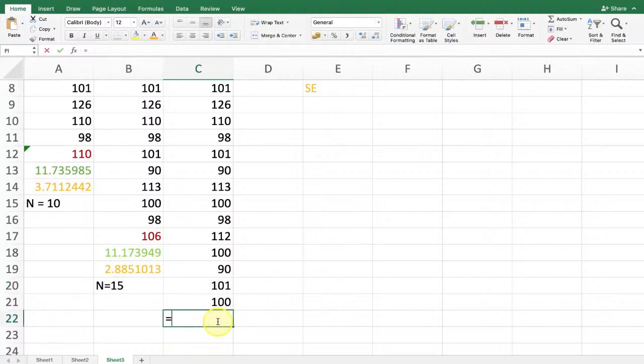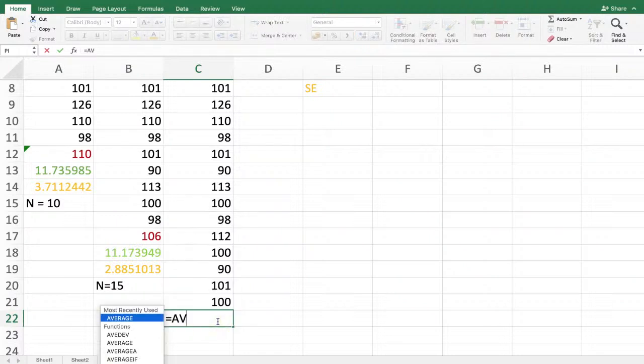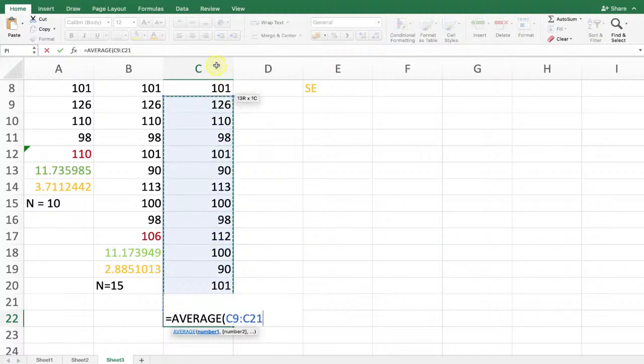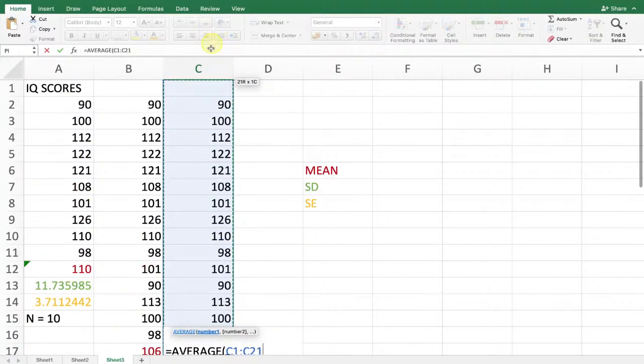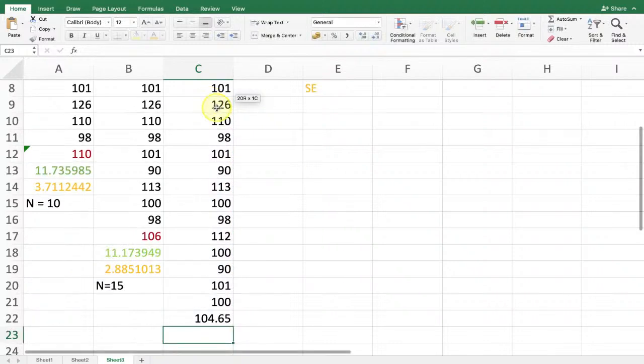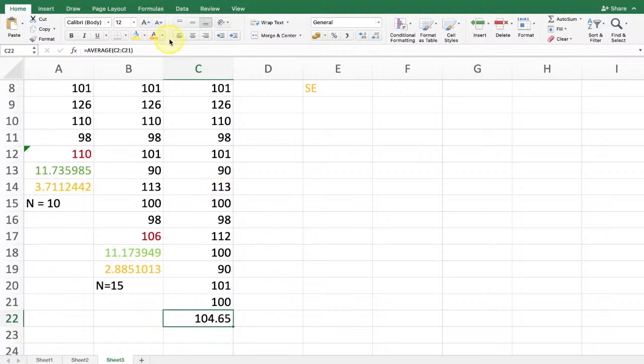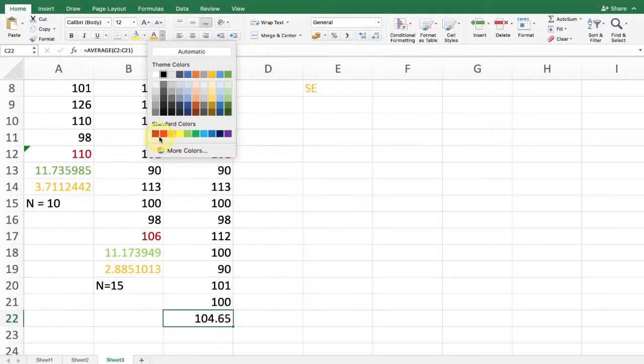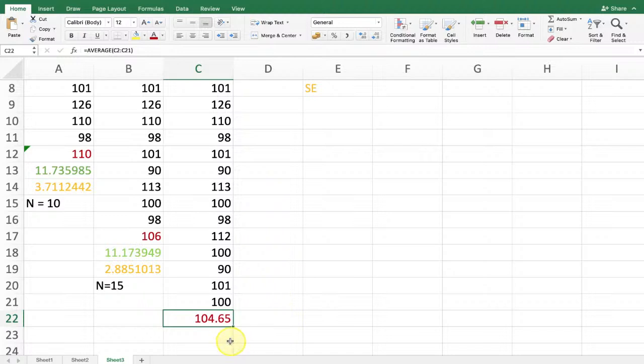Let's look for the mean, the average. Highlight all the observations, and this is the average, 104.65. Let me use red to be consistent. Now, what about the standard deviation?